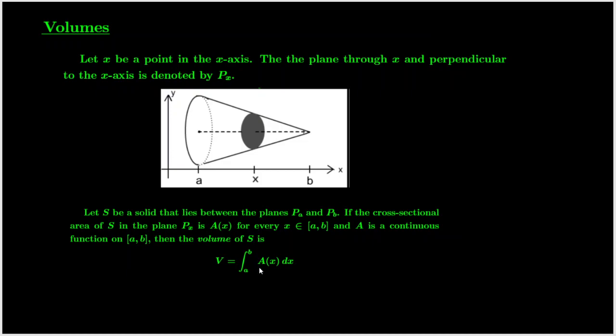A(x) is the cross-sectional area. It's the area of the cross-section. The value of A(x) depends on the location of x, right? For different values of x, for different locations of x, the cross-sectional area is different.